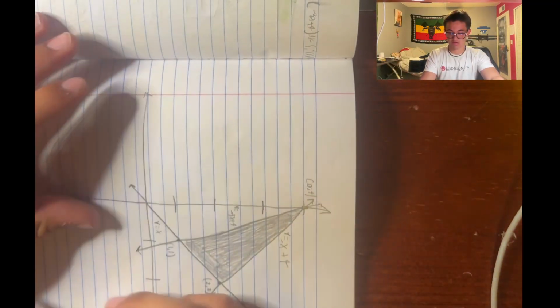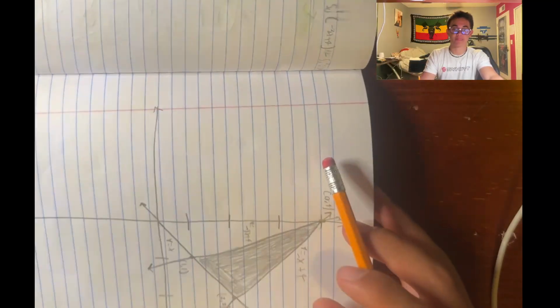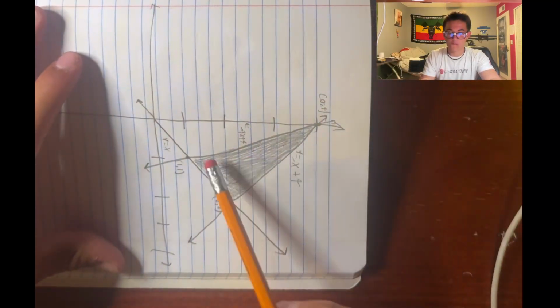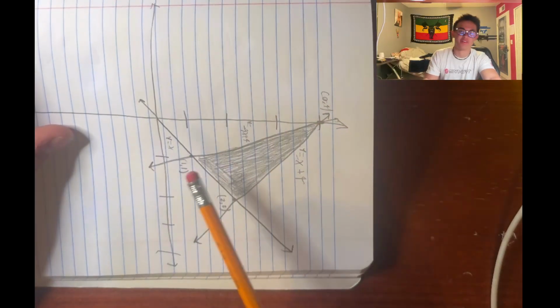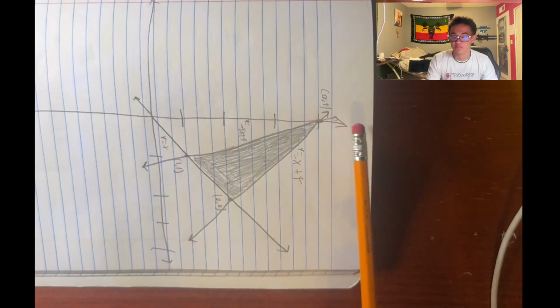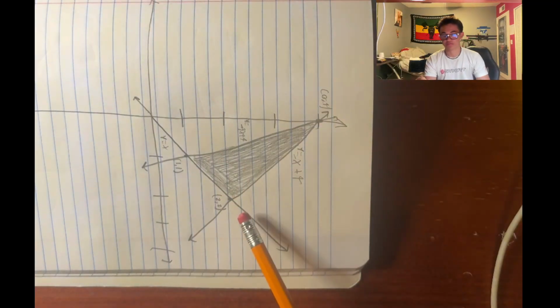Or wait, is it like this? It might be like this, 1 to 4. I think it's like this. So now we're going from 1 to 4 instead of 0 to 2. And we're going to use these functions instead.